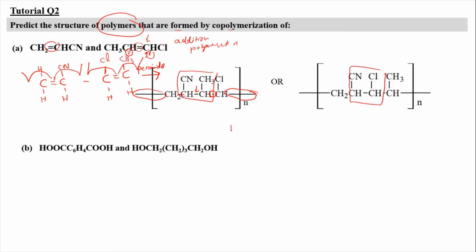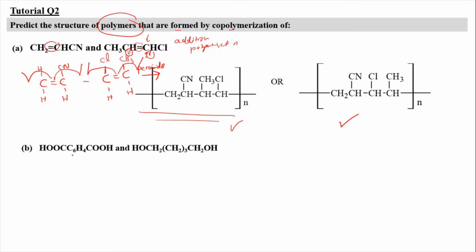So actually, both of the answers are accepted, but this one is the more common answer, because it is easier to see. Okay, so this is the answer for the first possibility, and this one is the second possibility. So both are accepted.